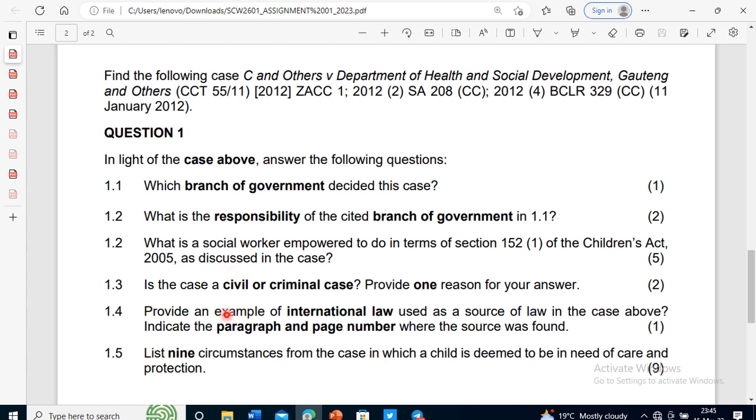So you have to choose whether this is civil or criminal. According to me, I do believe that this is civil. Then if you go to page 71 in your study guide, you'll understand the difference between civil and criminal matters.